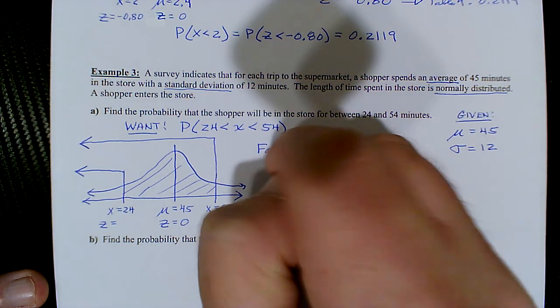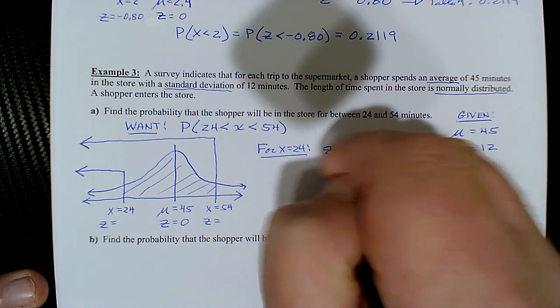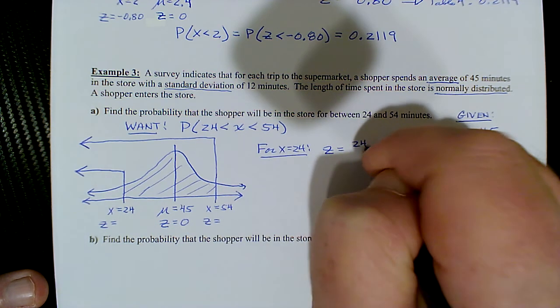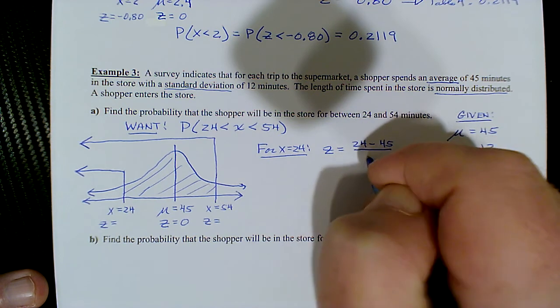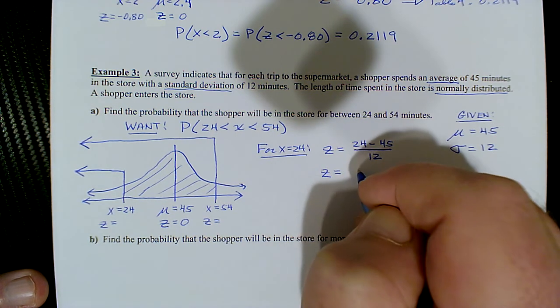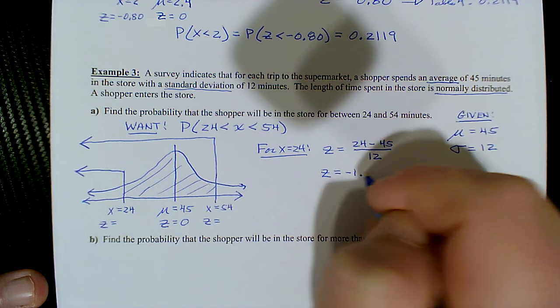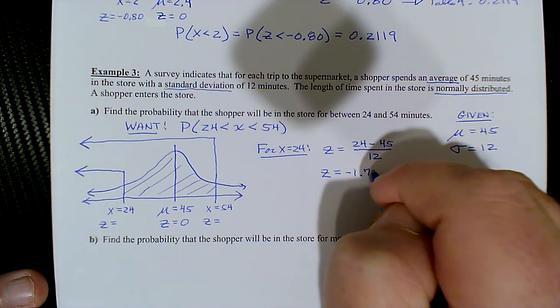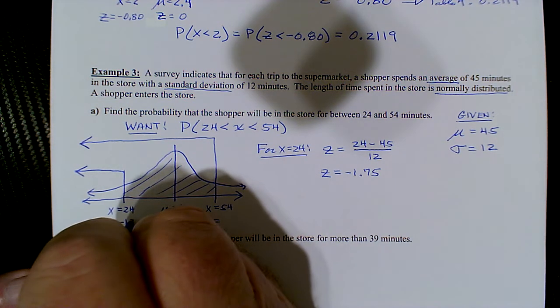First off, for x equaling 24, we have z is 24 minus the mean 45 over the standard deviation of 12. So z turns out to be negative 1.75. Negative as we would expect, right? So let's label that.